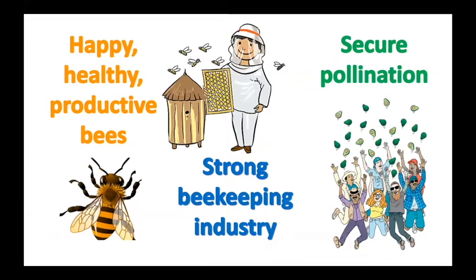Okay, so basically in a nutshell, the aim of Plan B is to produce happy, healthy, productive bees. So producing lots of honey but having low disease and pests, which will reduce costs, and that will foster a strong beekeeping industry and help secure pollination for those industries that are dependent upon them for pollination services.